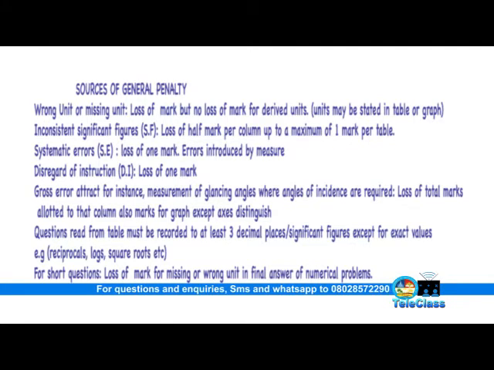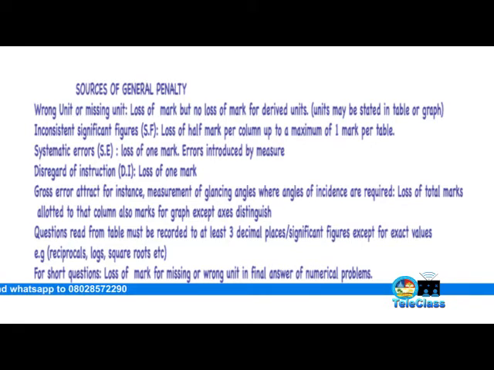So, moving on, systematic error. We have what we call systematic error. You lose 1 mark for systematic errors. Now, we have what is called disregard of instruction. When you do not follow the instruction given to you, you will lose 1 mark for that. Then we have gross error.